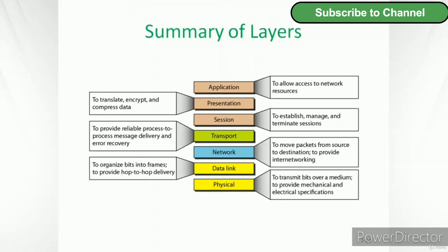There are 7 layers, as I told. The OSI model is the reference model developed by ISO, the International Standard Organization. The OSI model allows the network components from different computers to interact, and it provides peer-to-peer logical services with the physical layer's physical implementation.